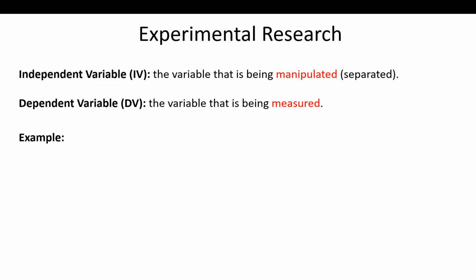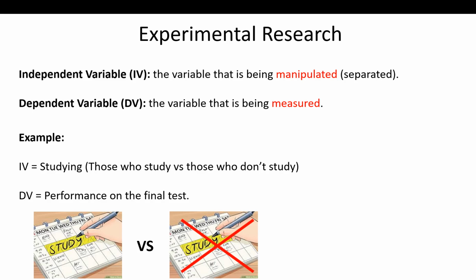And then in our example, our IV would be studying, so we split the groups between those who study versus those who don't study. And then what do you think we're measuring for our dependent variable? Our dependent variable would be measuring performance on the final test.